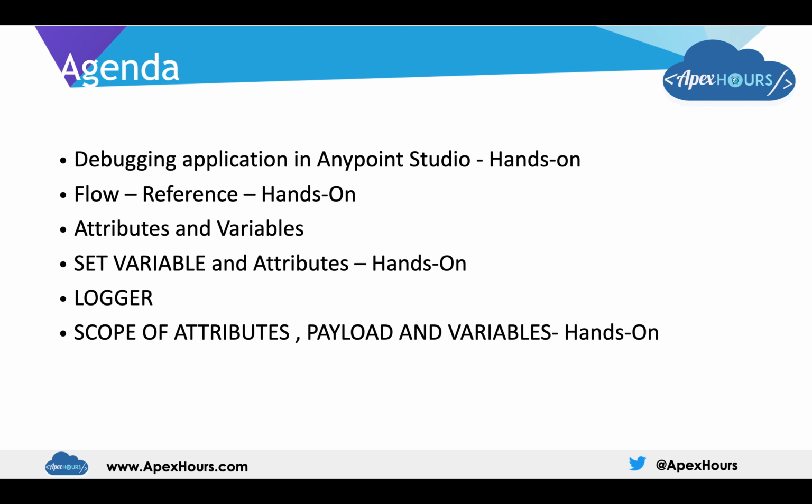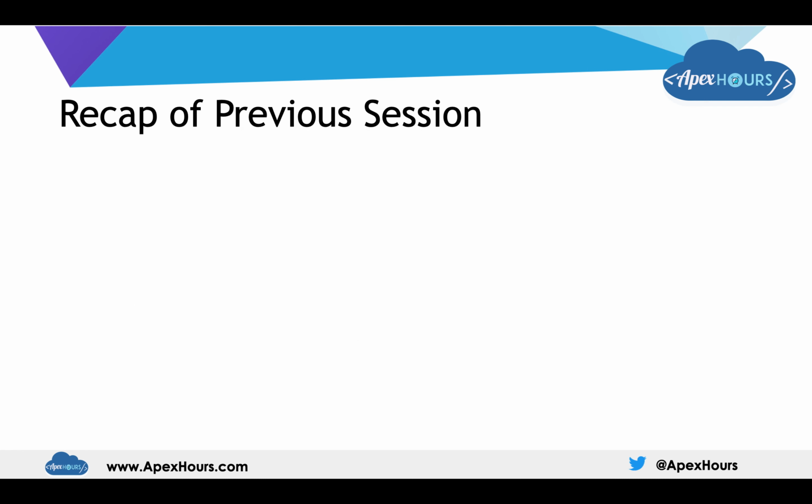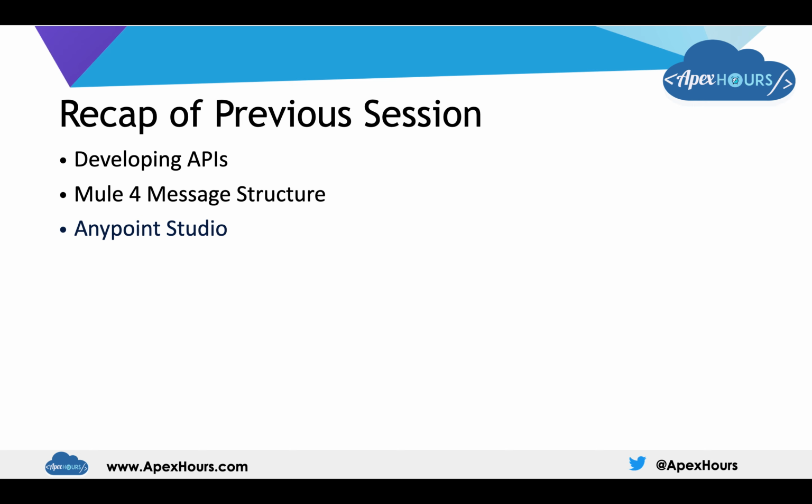All right, so just a quick recap of our previous session. We have covered quite a lot. We started developing APIs, and we discussed the Mule 4 message structure, that is, Mule event and Mule message. A Mule message consists of payload and attributes, and we have variables and error information.